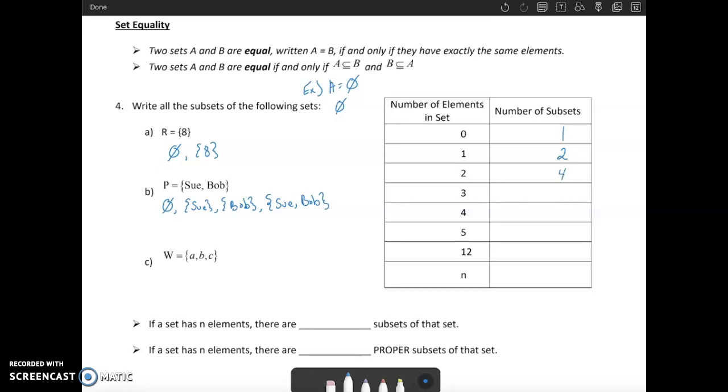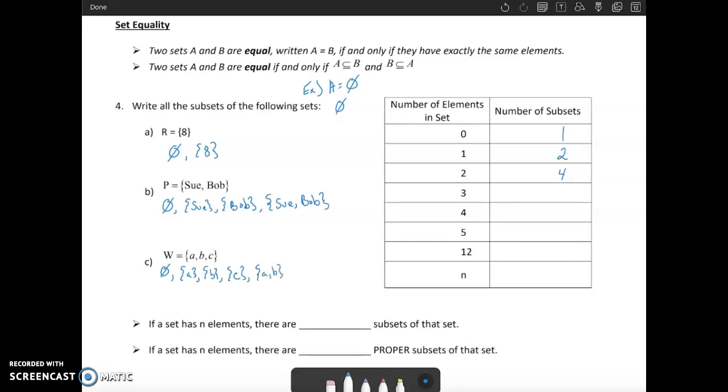Okay, what about the set that contains elements A, B, and C? Let's write all of the subsets of that. Again, by definition, the empty set is a subset of that. We could write down the set only containing A, the set only containing B, the set only containing C, so all of those would qualify. And then what about the set that just contains A and B only? That would work.